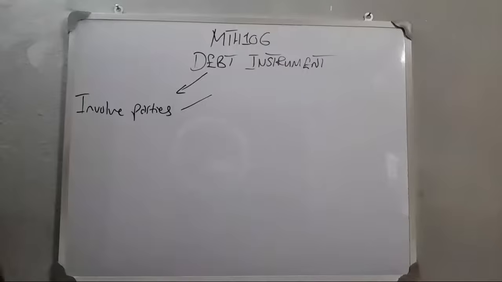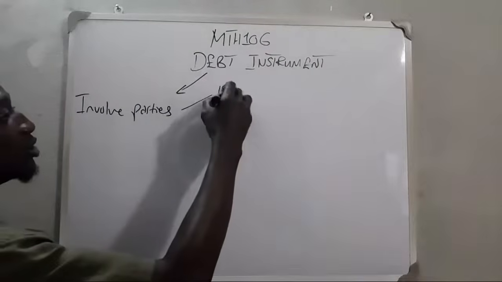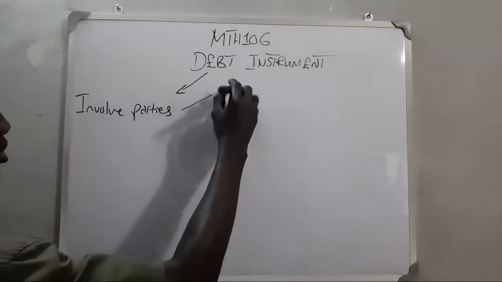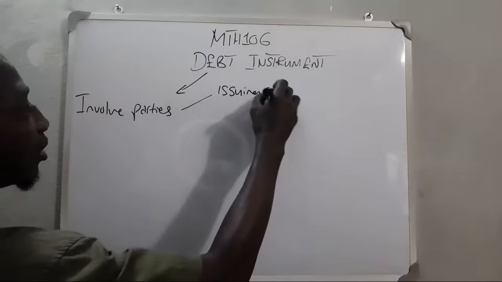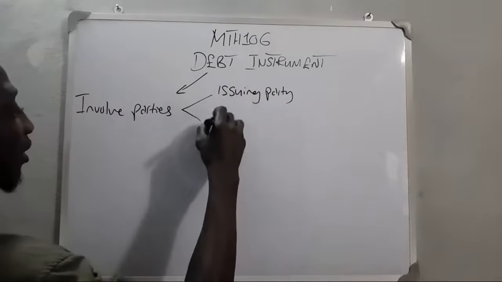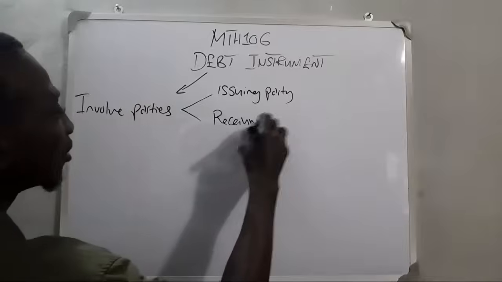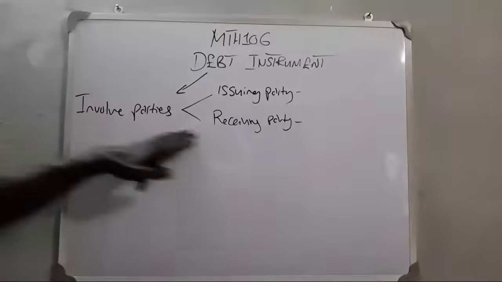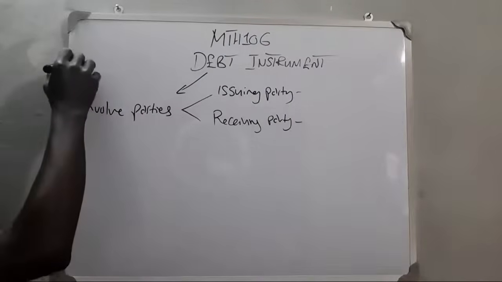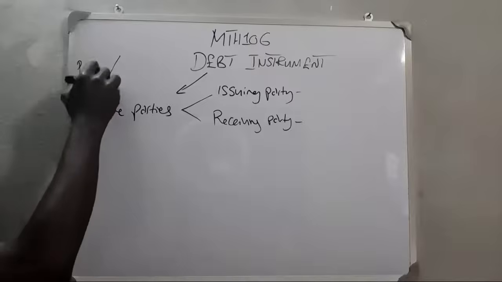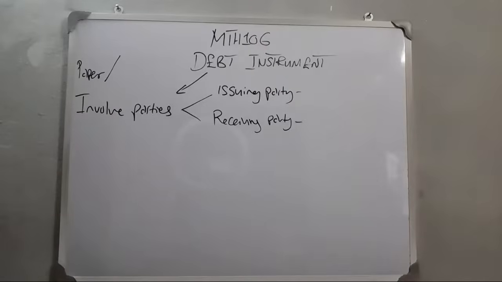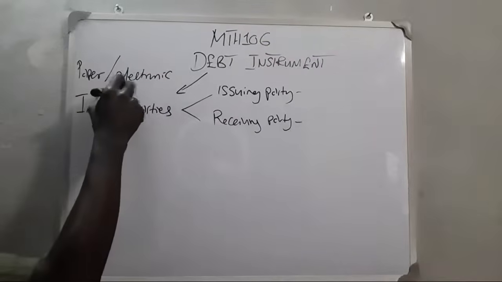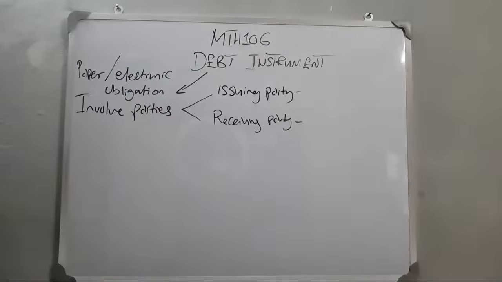We have the issuing party and the receiving party, involving a paper or an electronic obligation.